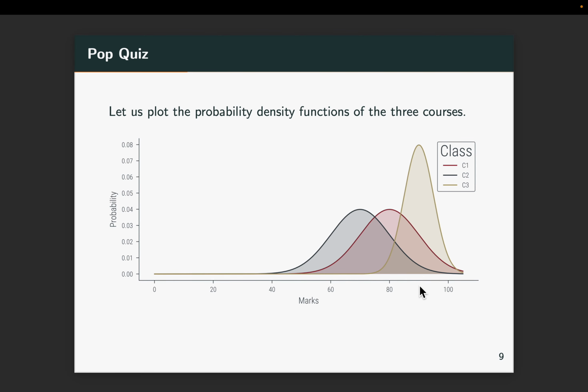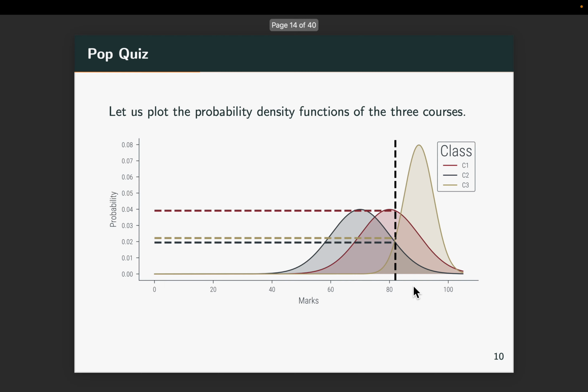So I'll pick up the x-axis, draw a vertical line corresponding to 82 marks, and look at where it intersects the three different probability density functions, right? It intersects the C2 one, which had the 70, 10 distribution, at the lowest height, and it intersects the C1 class at the highest height, right? So based on this, what do you infer?